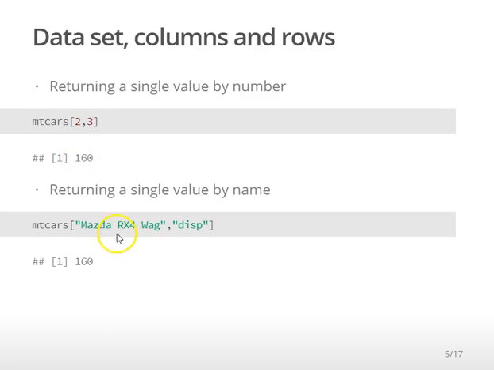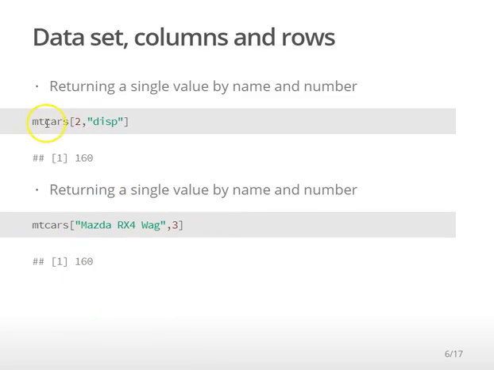I can also call that specific value by their names. I can tell it, give me the corresponding number for Mazda RX4 Wag for the row and displacement, 160. Or maybe I want to use a combination of names and numbers.